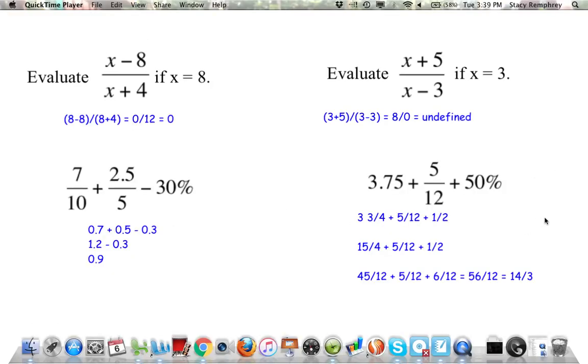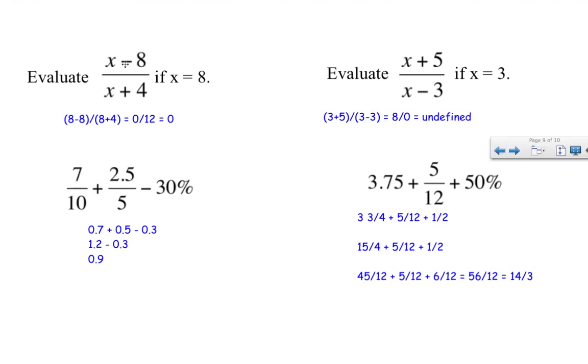And over here, you'll see when I plugged in 8, I got a 0 on the top. So if I have 0 cookies and I have to divide them among 12 people, how many cookies would each person get? They get 0. Now over here, the 0 occurred in the denominator. So if you have 8 cookies, I want you to divide them among no one.